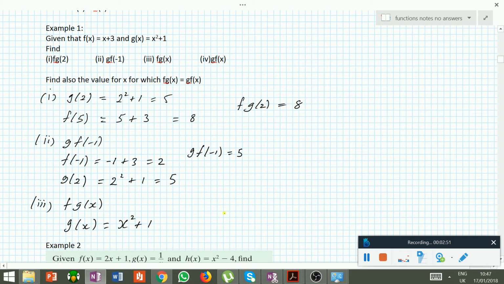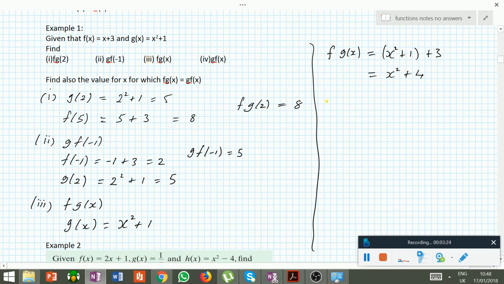And then F of G of X is equal to, F says it's X plus 3, so everywhere I have an X in F of X, I simply put G of X. So instead of the X, I put X squared plus 1, and then I have a plus 3. You can simplify that a little, so it's just X squared plus 4.